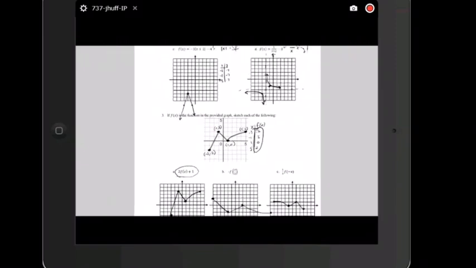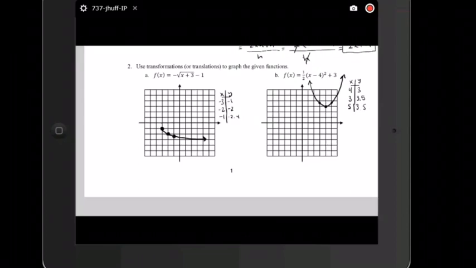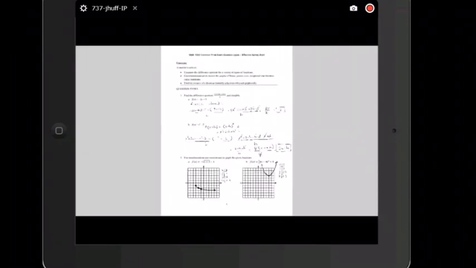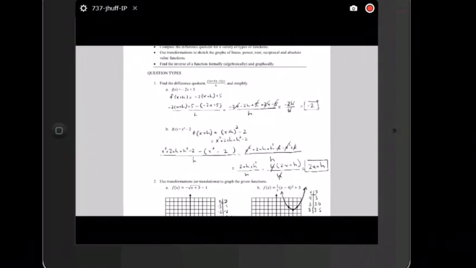Question 2 was addressing transformations of parent functions. And question 1 is compute the difference quotient of a variety. So we've got a linear function here, we had a quadratic function.